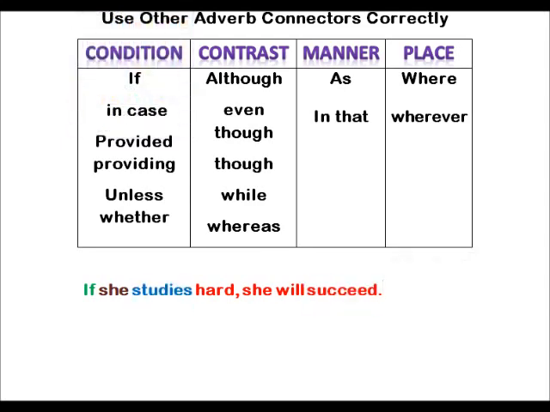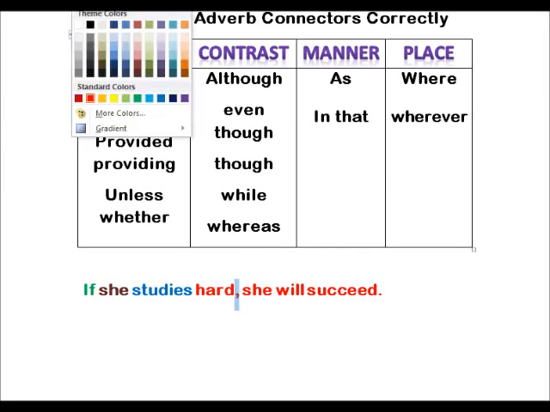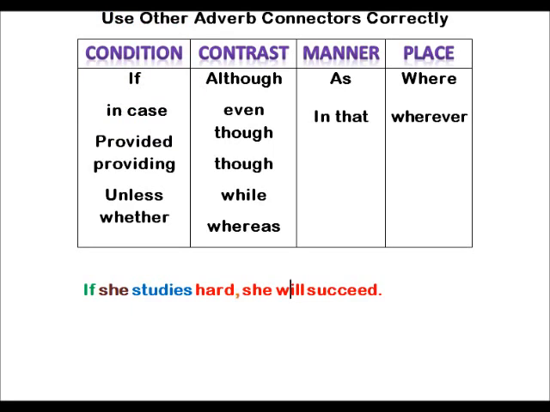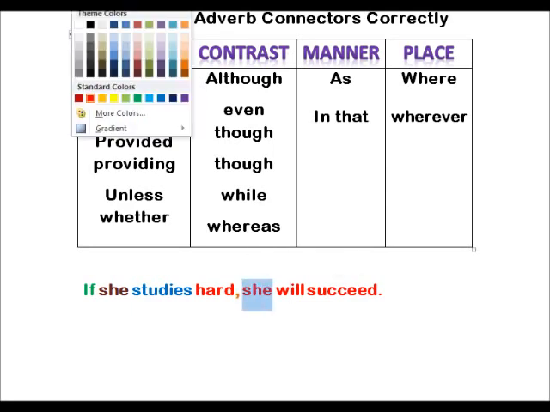So look at this. We've got if a connector, she a subject, studies a verb. Then as you see, we've got a comma here, and let's give it a color too. Okay, we've got a comma, and then we've got also another subject. We've got another subject here. Which color can we give that one? Yes, that's nice.